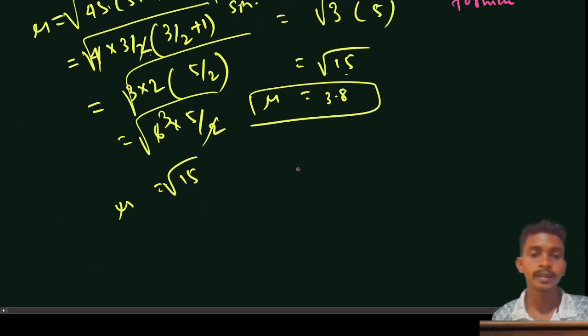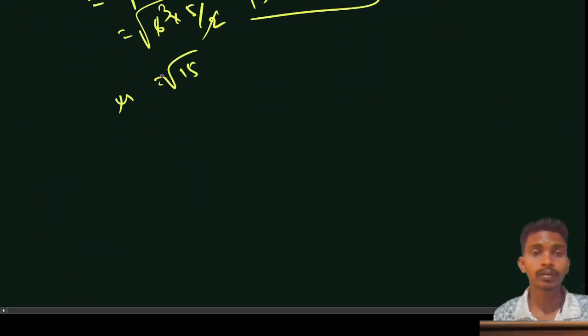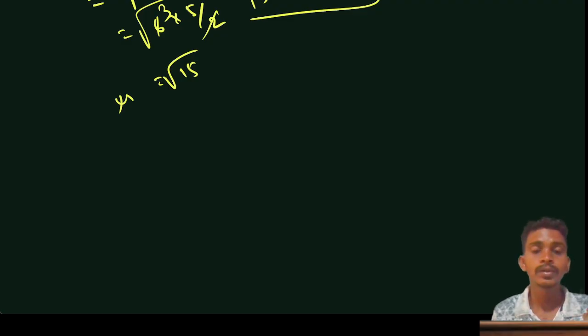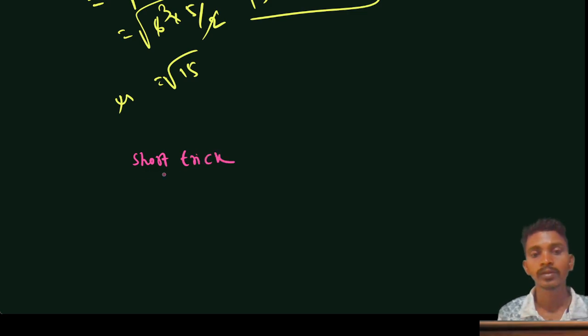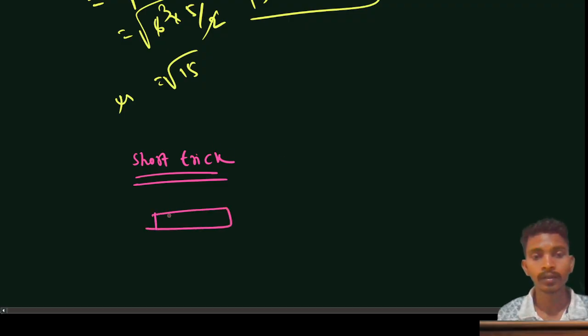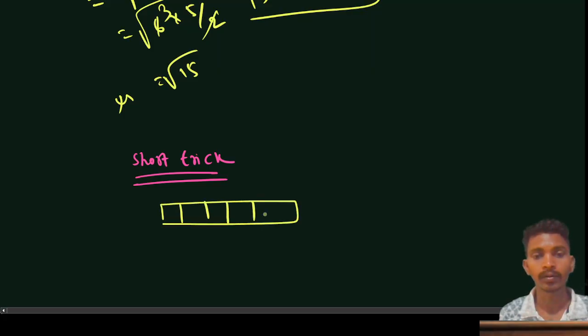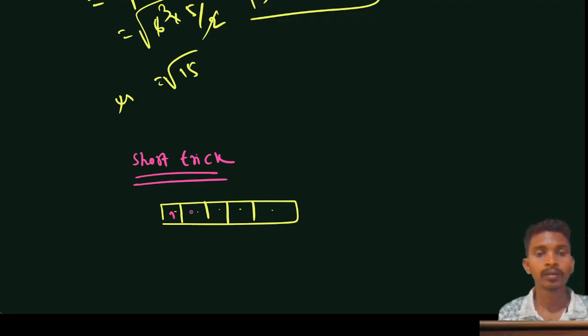Whenever we are looking for this, we no need to calculate. If only the spin only magnetic moment is asked, then we no need to calculate. This is a very short trick also. The trick is, let's say there is one electron.